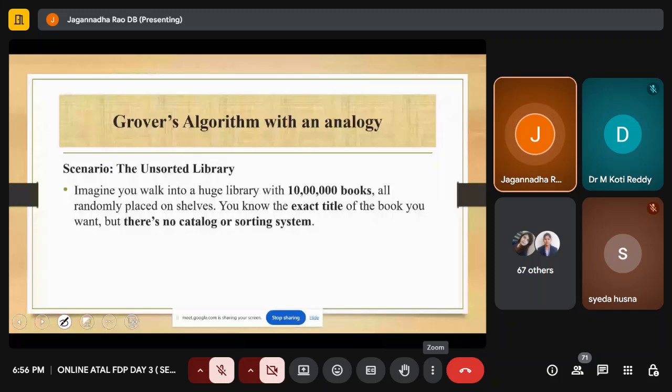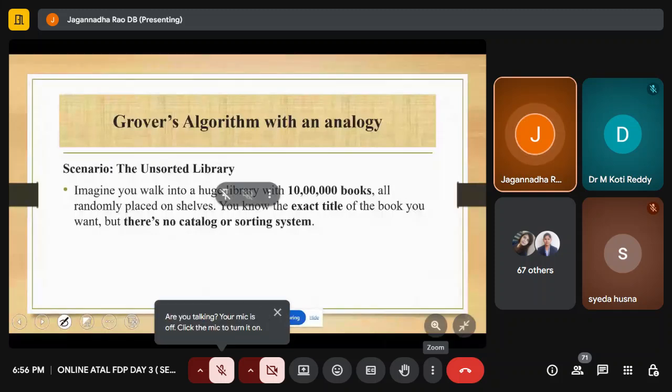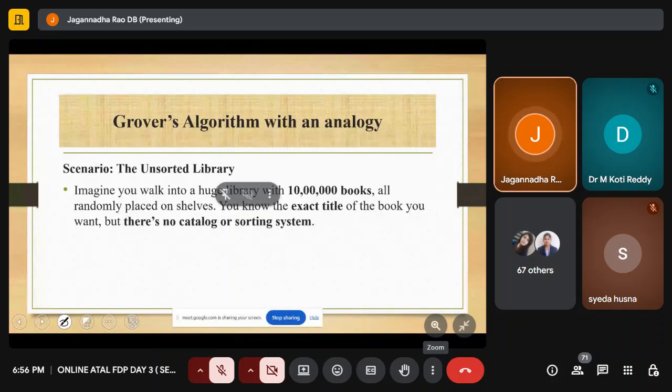In Grover's algorithm, we are using an unsorted library. Imagine you walk into a huge library with more than 10 lakh books, 1 million books, all randomly placed on shelves.